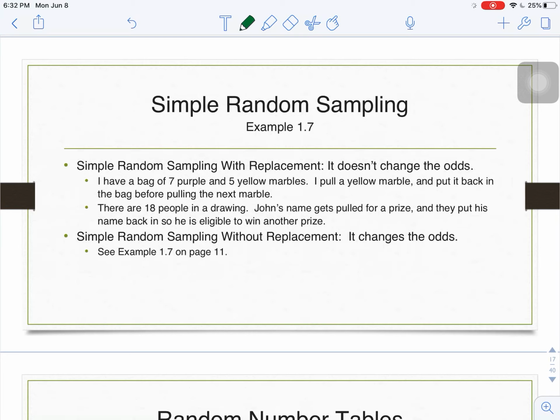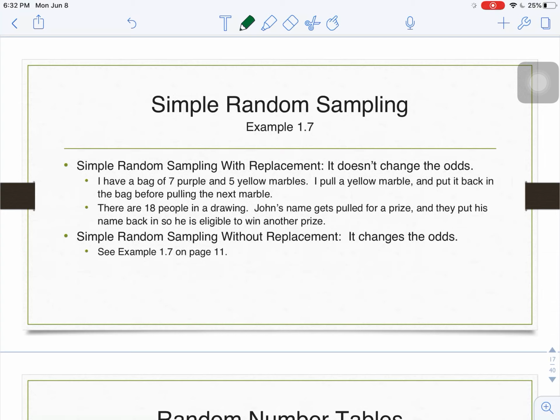An example of simple random sampling with probability is that it doesn't change the odds. So when we're talking about a bag of marbles, we have a bag of 12 marbles all together, 7 purple and 5 yellow. If I pull out a yellow marble and I put it back in the bag, that doesn't change the odds. When we're talking about without replacement, it changes the odds.